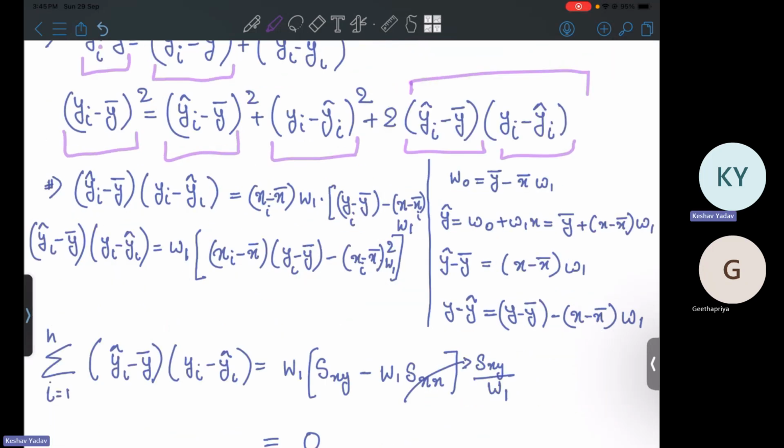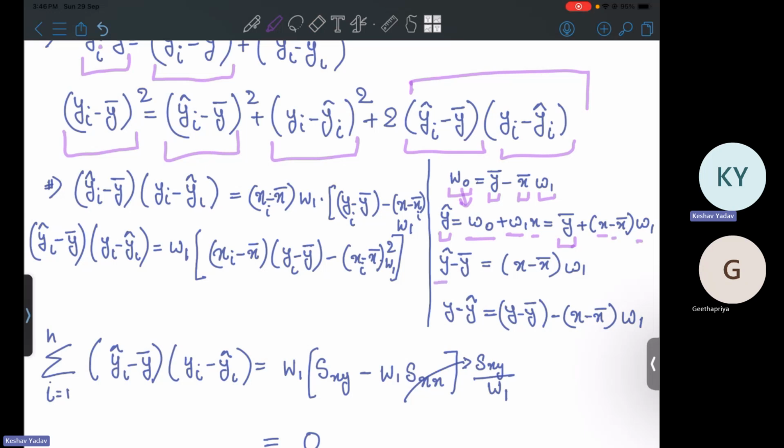Now let us calculate this cross term. We know W0 is equal to y bar minus x bar W1. So I can write y hat, which is equal to W0 plus W1 x. It can also be written by putting the value of W0 here, so this will be equal to y bar plus x minus x bar times W1.